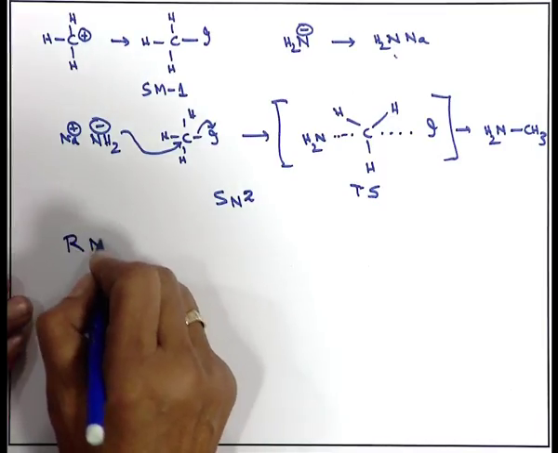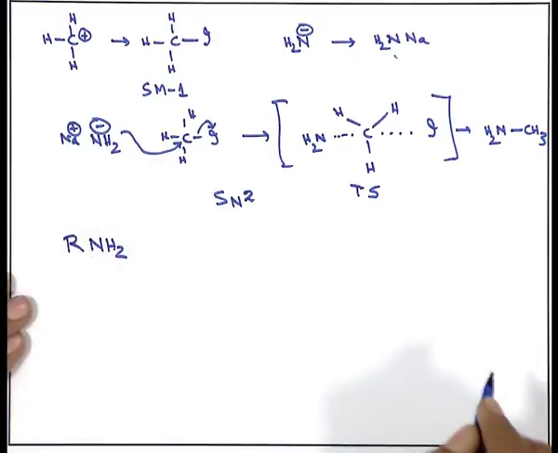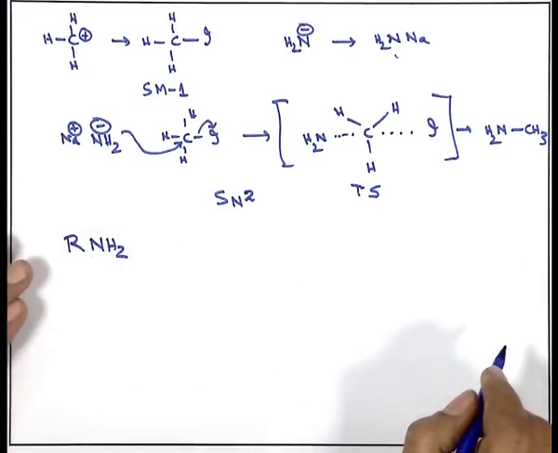taking other substituents we can make ethyl, n-propyl, isopropyl, t-butyl, n-butyl, isobutyl, all these types of amine compounds. So, I can write a general formula that RNH2 is the general formula of the alkyl amine.